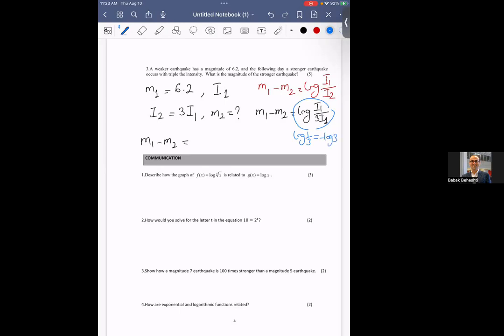So that means M1 minus M2 is minus log of 3. So from this equation, it follows that M2 is M1 plus log 3.